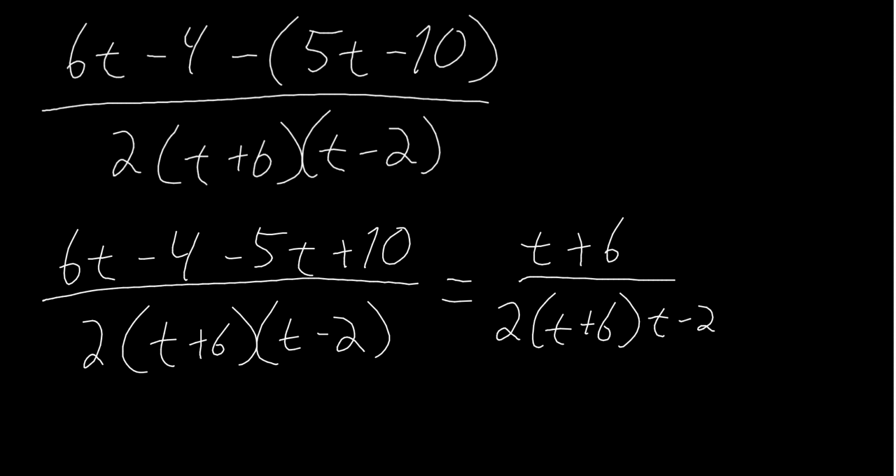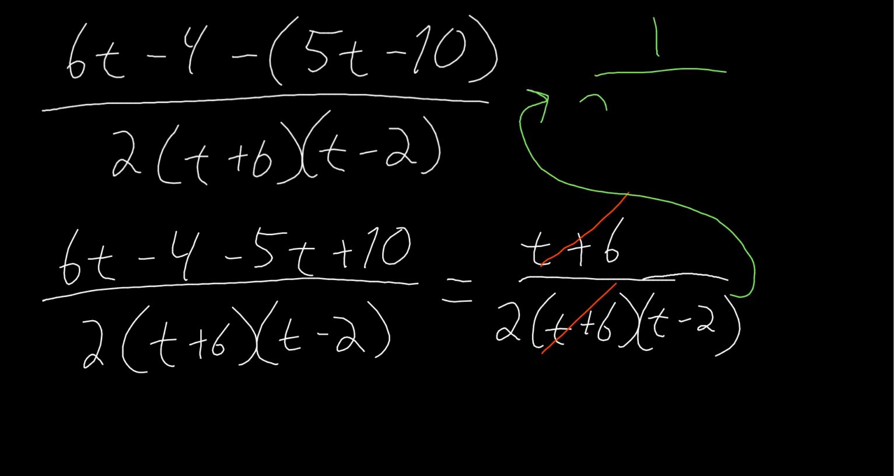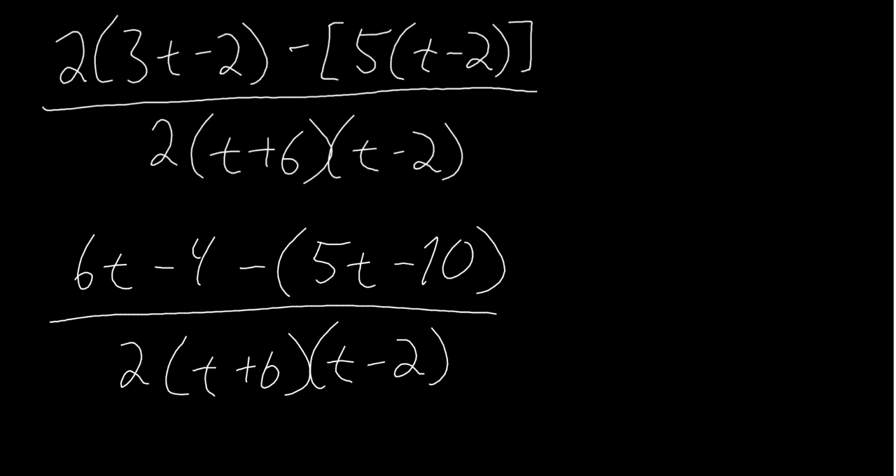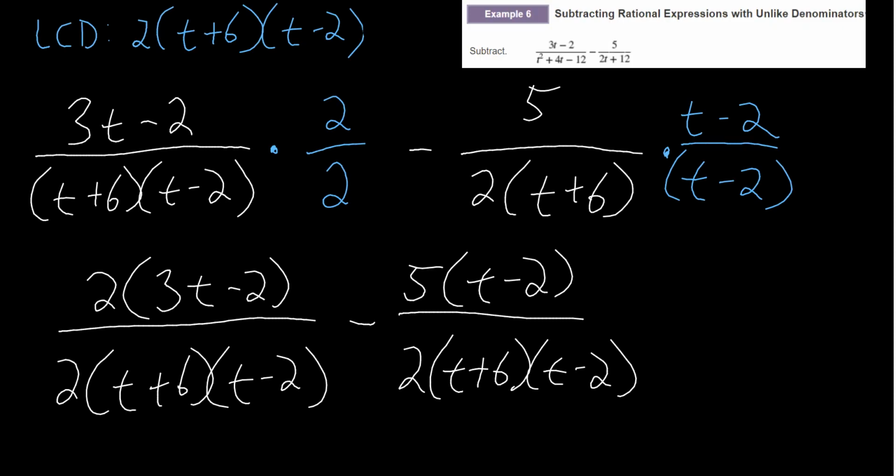The t plus 6 and t plus 6 cancel. So I end up having, let's put this up here, it's a little weird, 1 over 2(t minus 2). And that's it. I say that's it, but you guys see how it gets pretty tedious pretty fast.